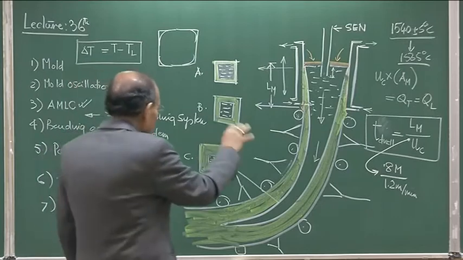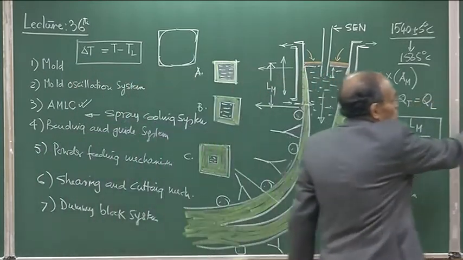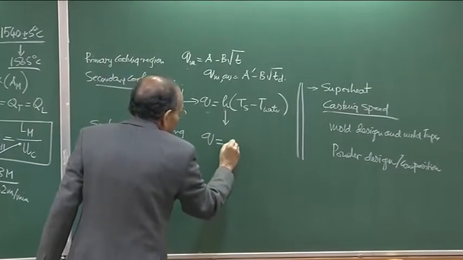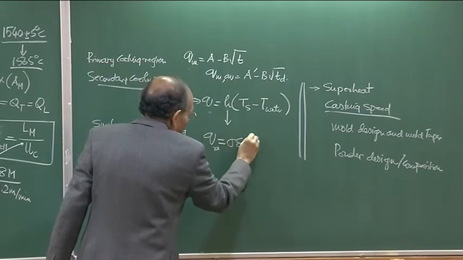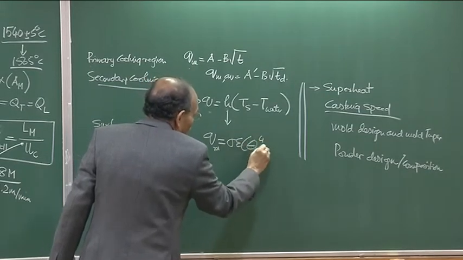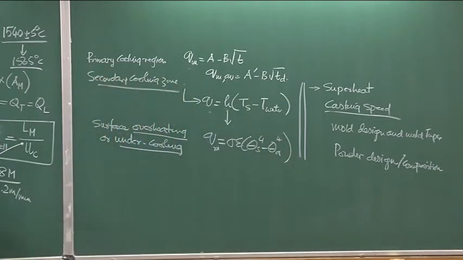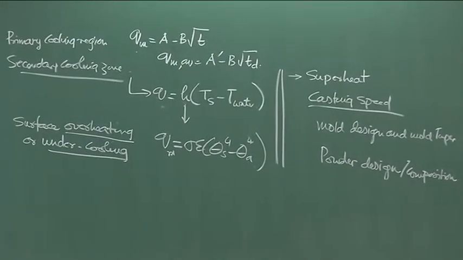So the cooling here is through spray cooling, and then we have the final cooling, which is the radiation cooling, given by sigma epsilon (theta s to the power 4 minus theta a to the power 4), where theta s represents the absolute surface temperature. This flux is not so small.